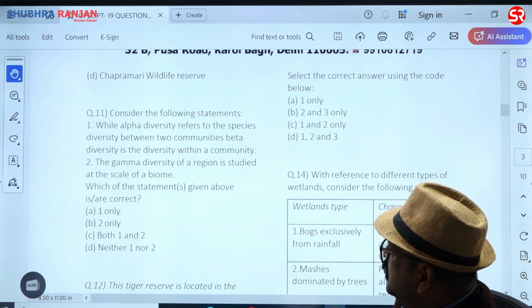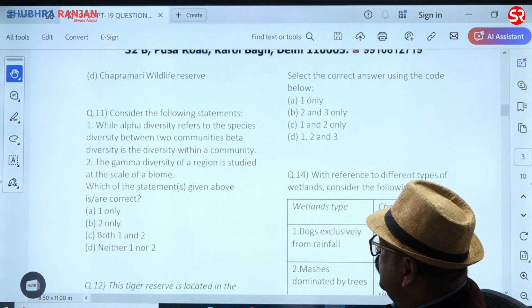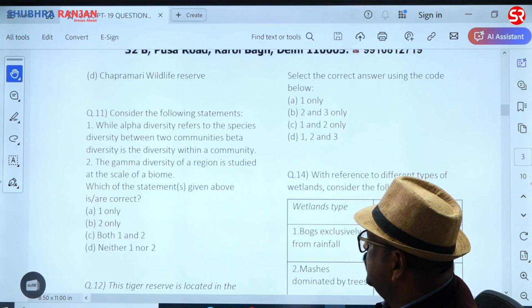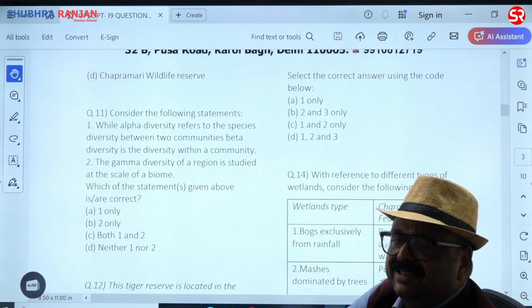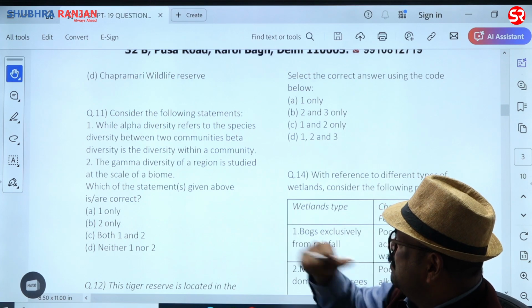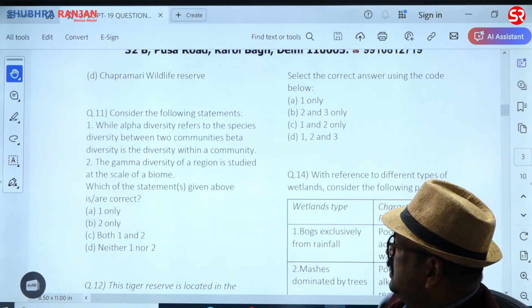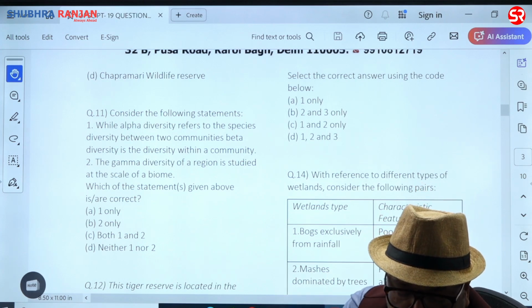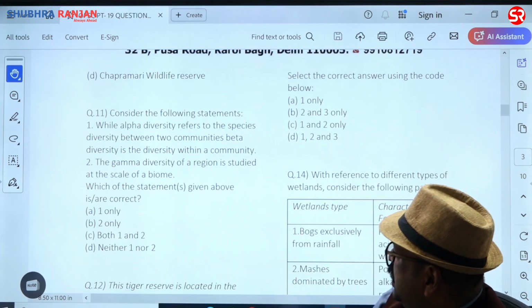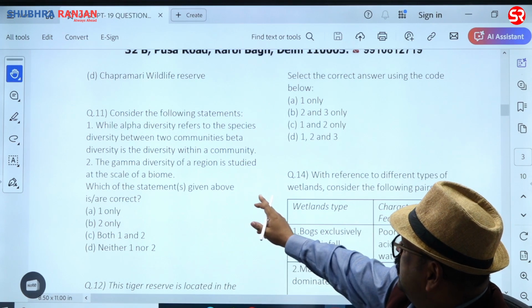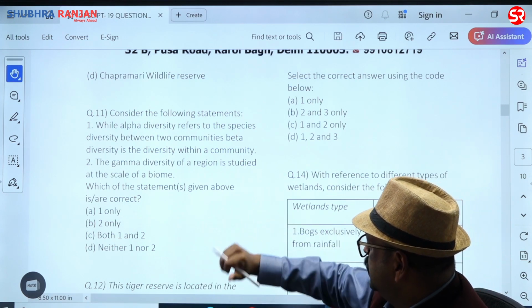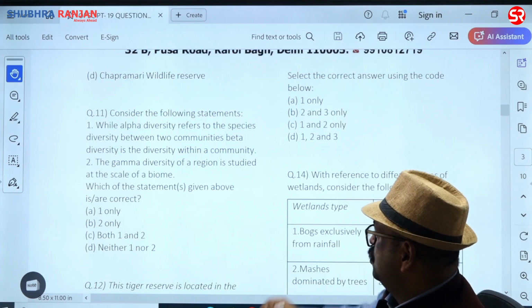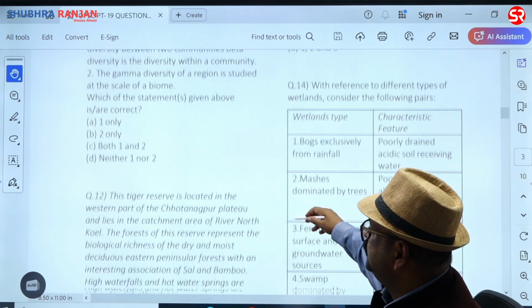So the first statement is wrong. The gamma diversity of a region is studied at the scale of biome. Yes, when you measure landscape biodiversity, you call it gamma diversity. So the answer to 11, dear, is that only 2 is going to be correct. We have to find the correct statement. Only 2 is correct. So 11, it is B.